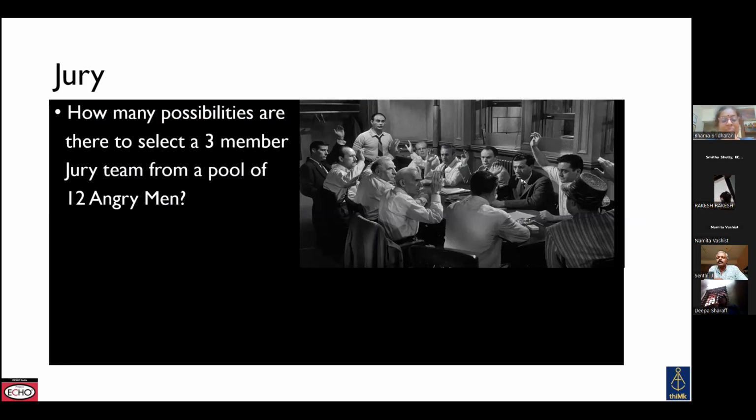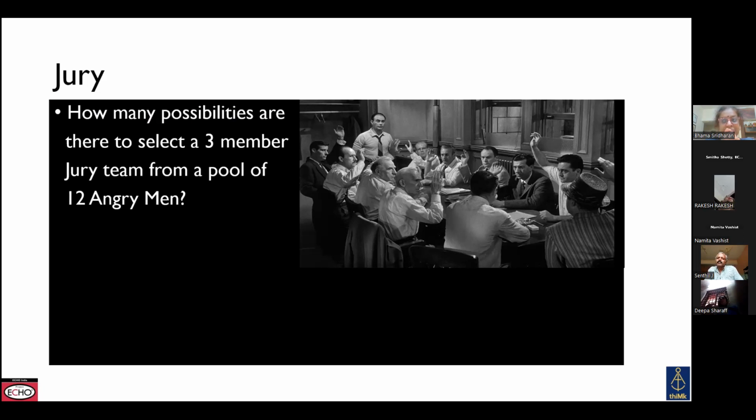And there are 11 other people who thought he should be penalized for the death of his father. But slowly this one juror starts convincing each and every one, and all their perceptions and prejudices come out in this movie.